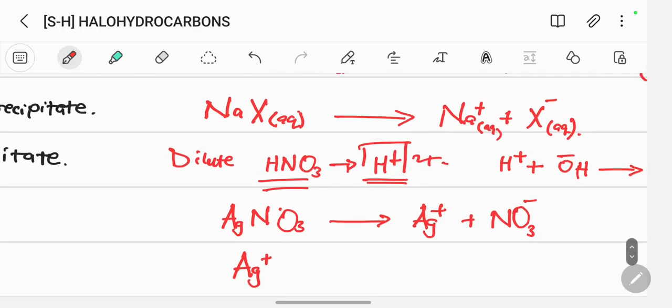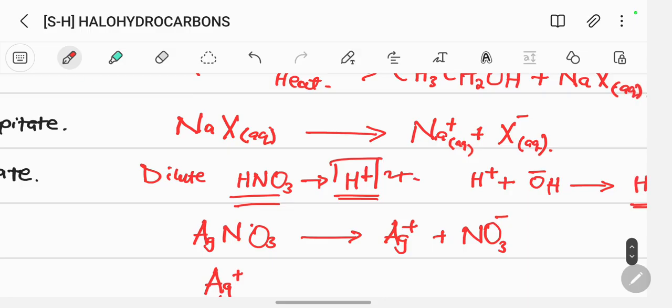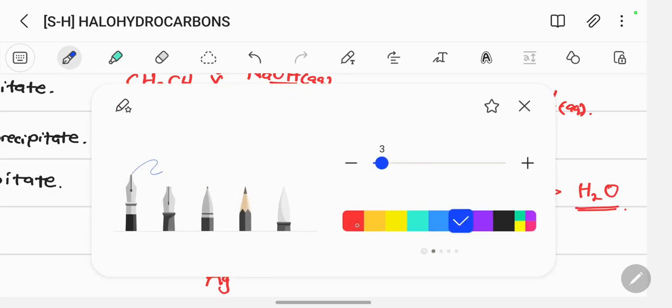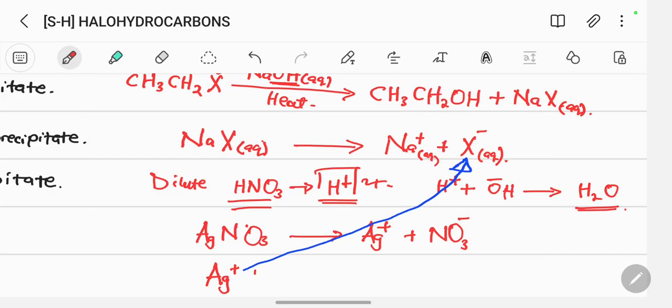Remember it's the same solution, so these silver ions are going to locate the halide ions and end up reacting. As they react, we form silver halide, which is also a precipitate.